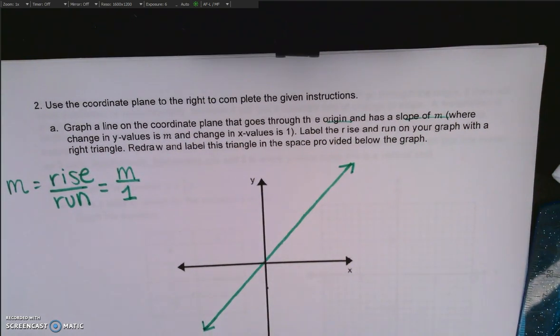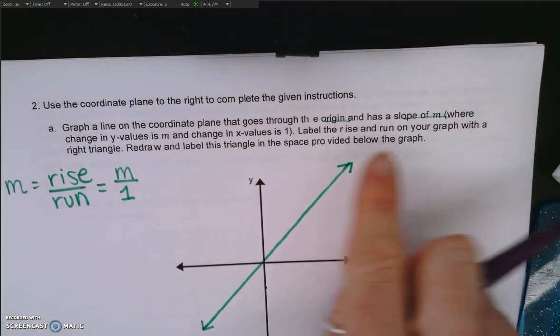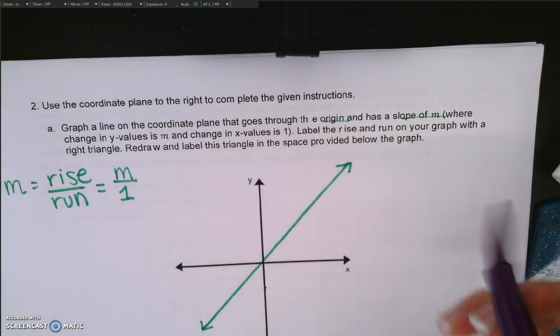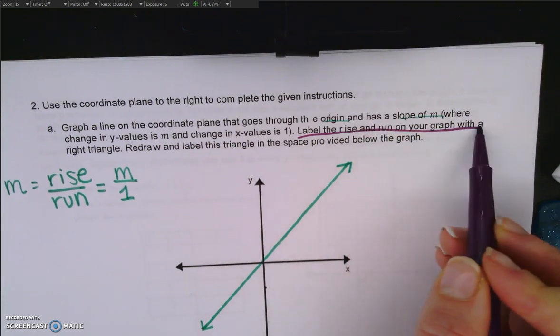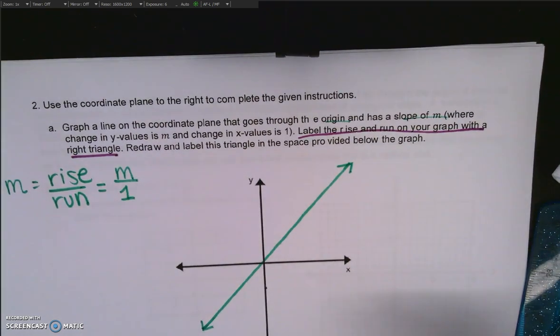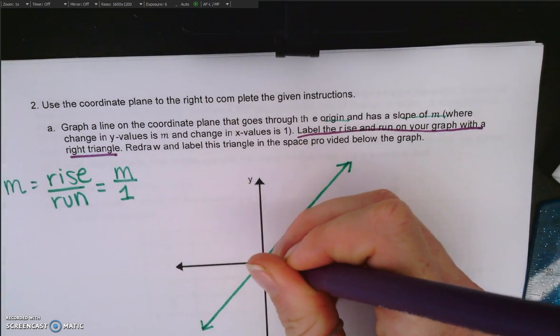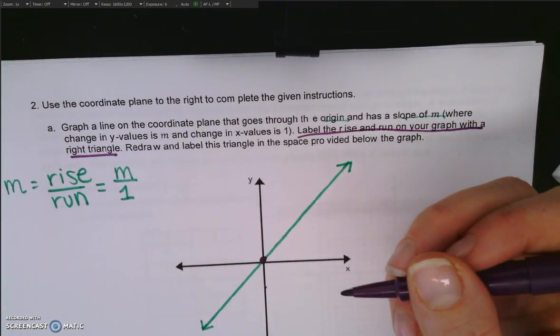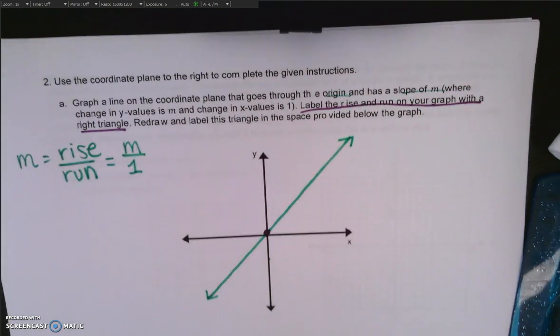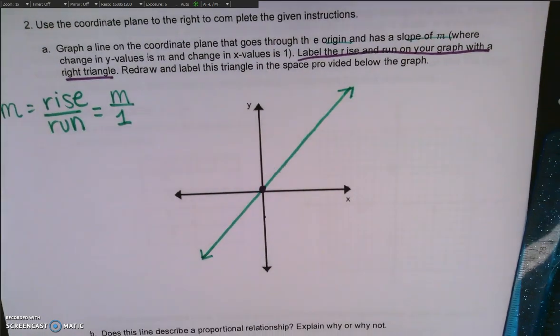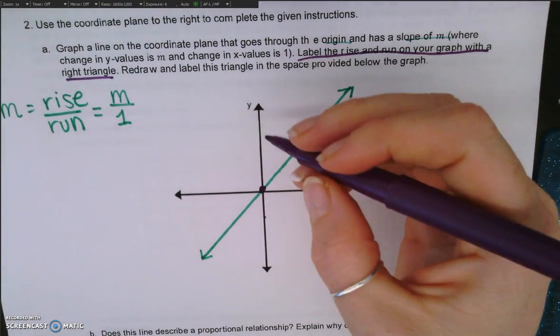Awesome. Now I'm going to take my line and label the rise and run on my graph with a right triangle. I'm going to start at the origin. You always want to start at your y-intercept, and for this proportional relationship, we want to start at the origin because that's our y-intercept.